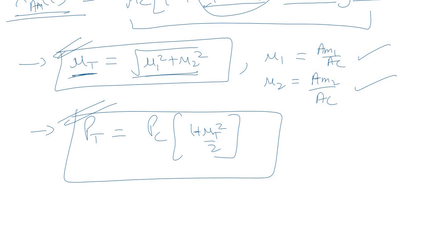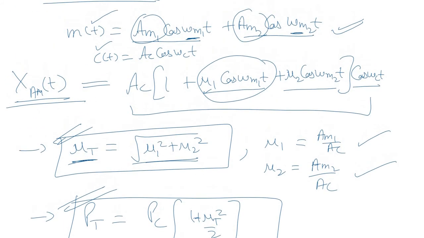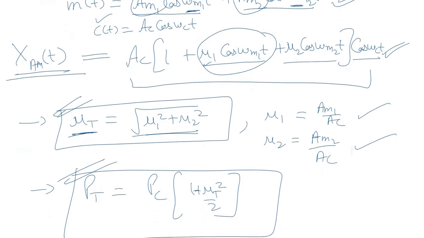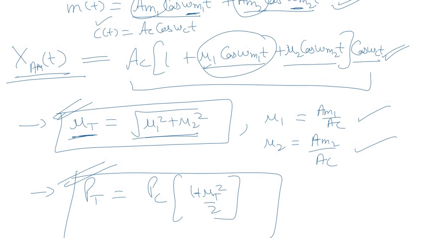And one more thing you can observe from this expression: if you find the spectrum of this signal, what will be the change that you get? Earlier there was a single pair of sidebands, one lower sideband and one upper sideband. There was a single pair, right? Now we'll have two pairs of sidebands here.